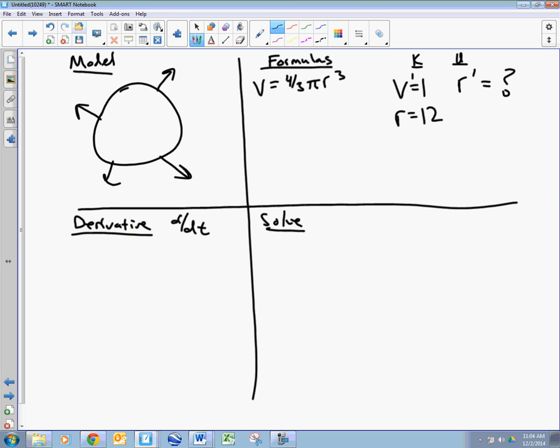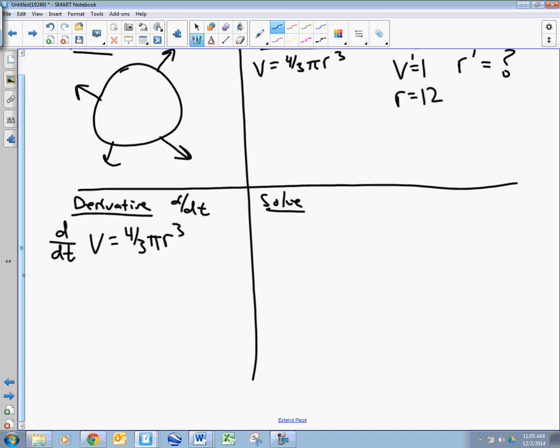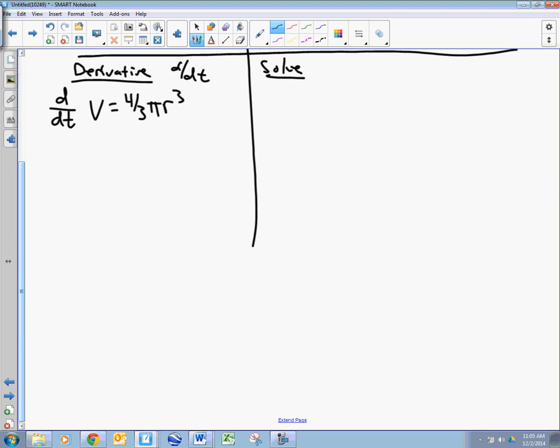So what we do is we take this derivative, and for those of you who are gone, we are doing the derivative with respect to time of volume equals 4/3 pi r to the third. Now, Amber and Emerald, you see this time variable down here? Do you see time anywhere in that problem? So therefore, it's this implicit differentiation type idea, where the derivative of v is 1 times v prime.